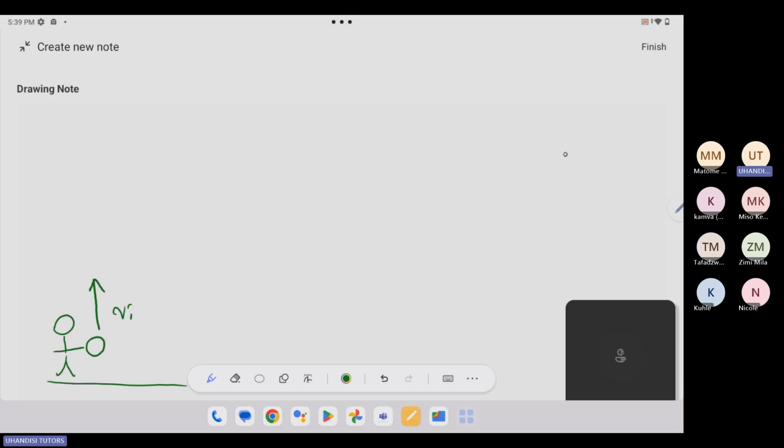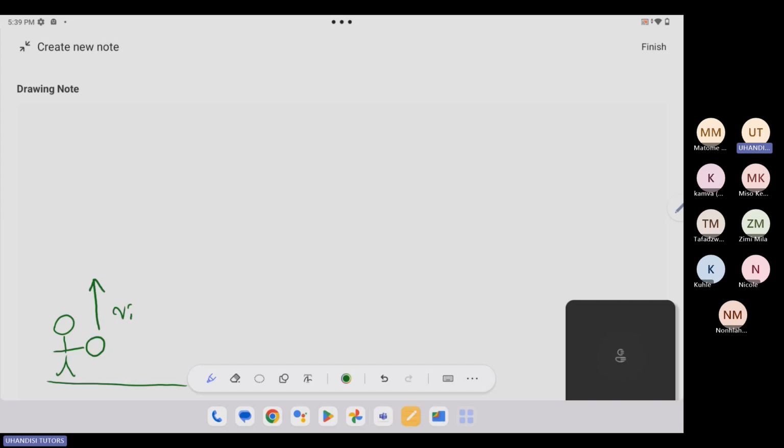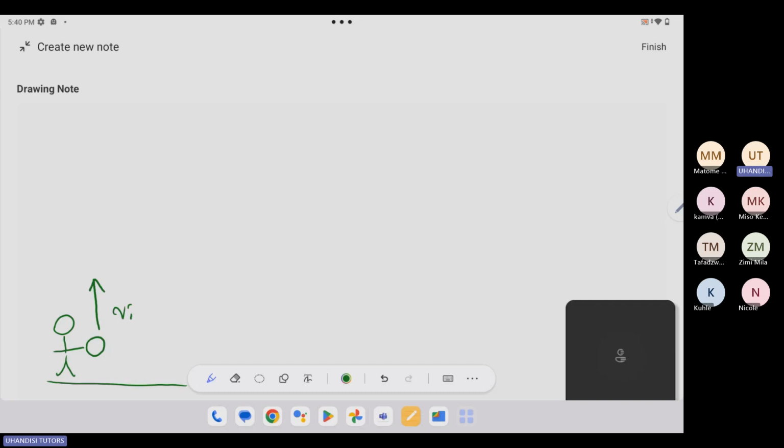What does it mean when I say that the object will be in free fall? Now, free fall is basically one of the terms that we use in physics to describe objects that are falling under the influence of gravity, right? So any object that is falling under the influence of gravity is in free fall.